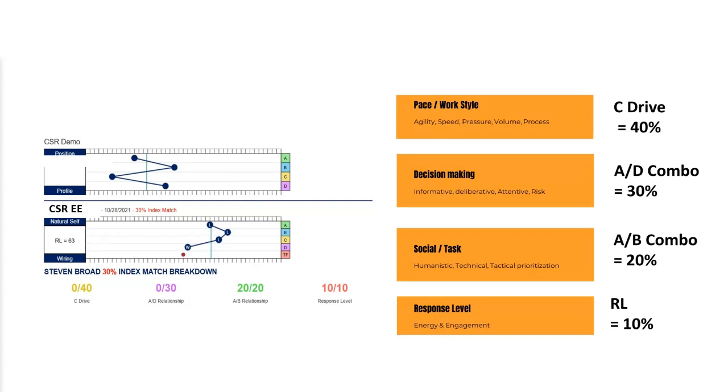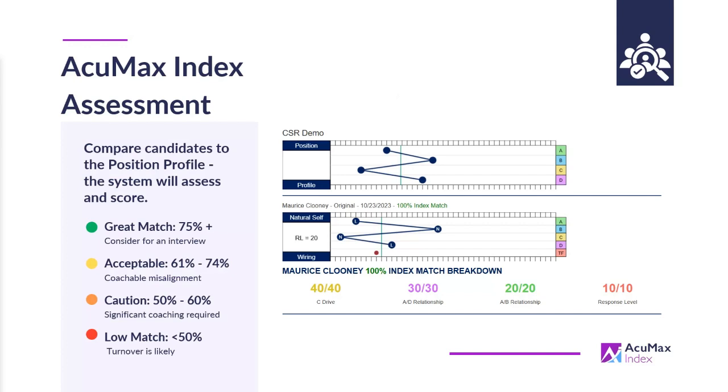So again, all of this begins to make more sense when it comes to position profiles. And because you've included the manager in the process of assigning and aligning the drives to each task and then having them qualify, it gives them that understanding that now when they receive that report based on hire or do not hire, red or green or yellow or orange, it becomes, now this makes sense. And of course, this becomes a lot more appealing to them because now they're putting a little more effort into understanding. We have a current CSR that's doing pretty good, right?